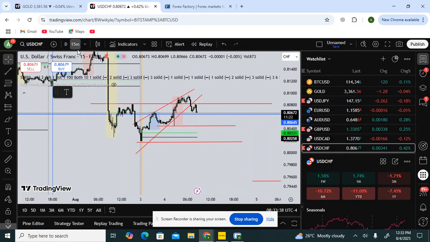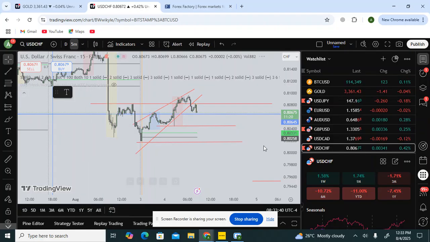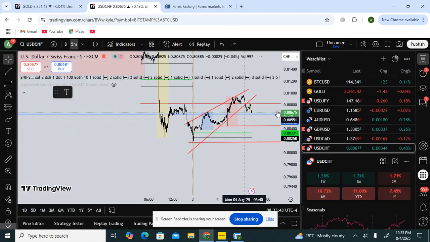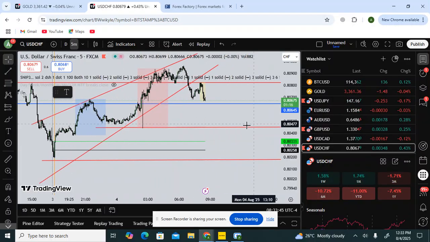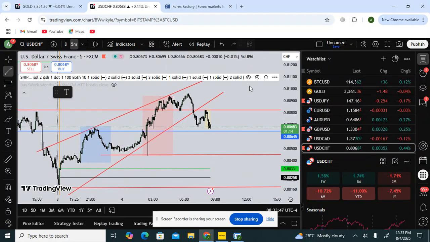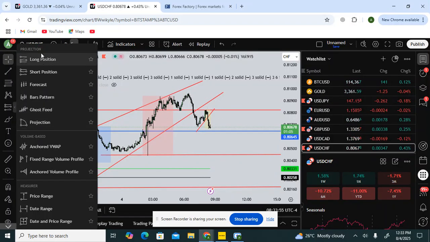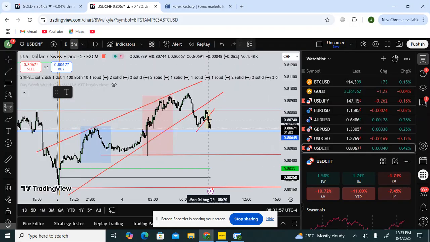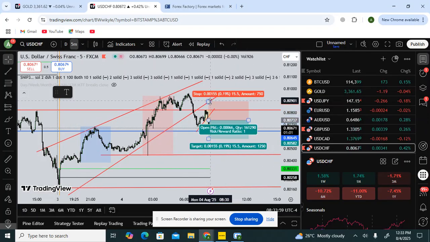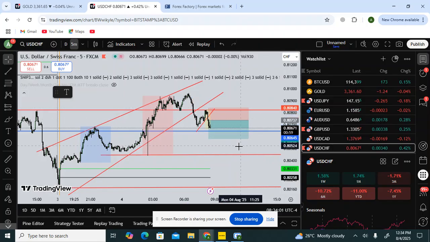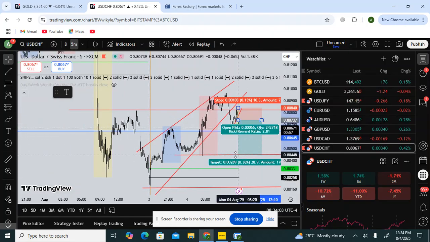Okay, so let's go to the 5 minutes, and you can see that there is a break of trend line again. You could have probably shorted, because this is the New York session and this is 8:15 a.m. You can just put your stop here and less.